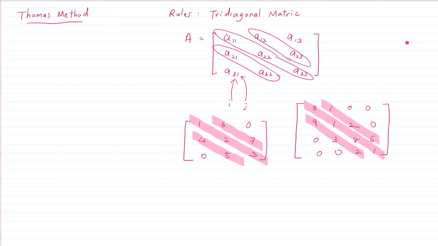The diagonal of U is 1, and matrix A must be a tridiagonal matrix.